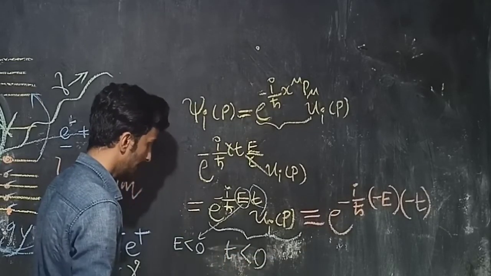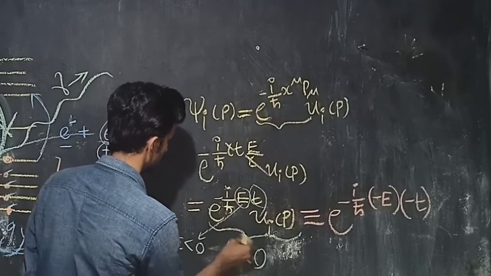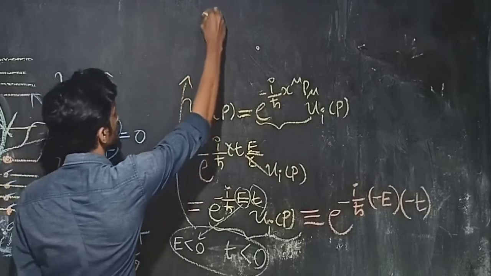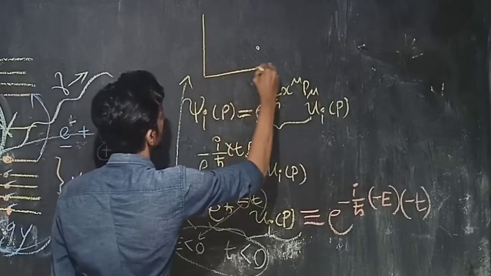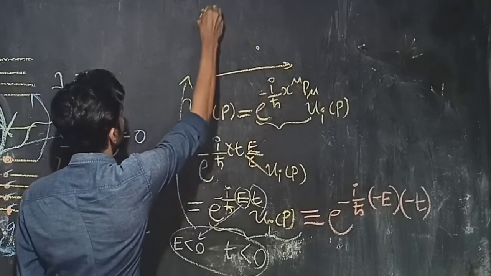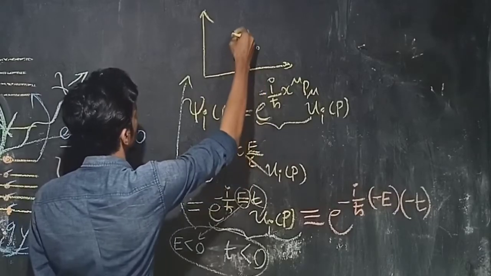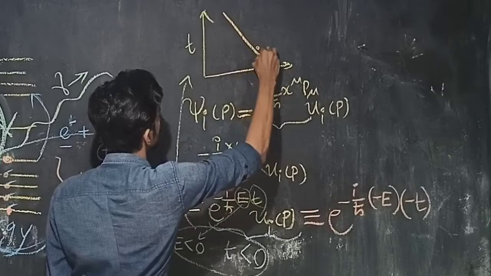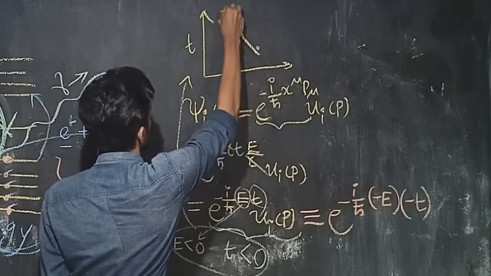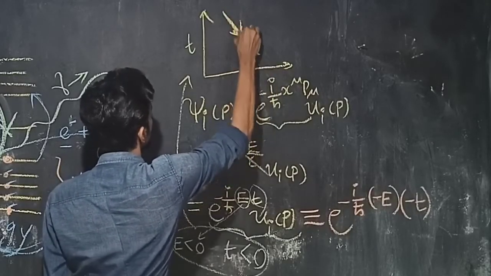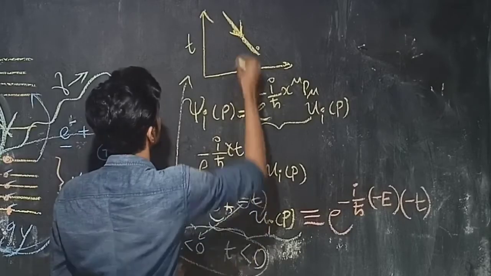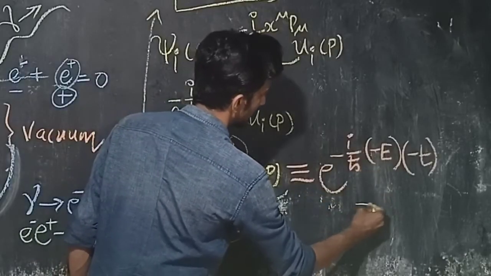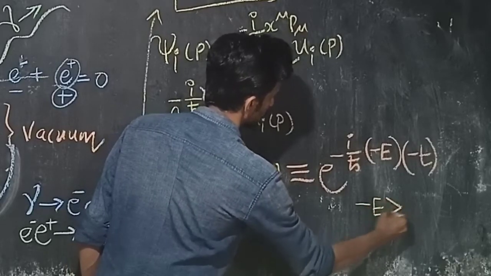Let me draw a pictorial representation of this. That is, the negative energy states correspond to particles that travel backward in time. This is the t-axis. This is a particle traveling backward in time. But coming to here, this minus E is positive.